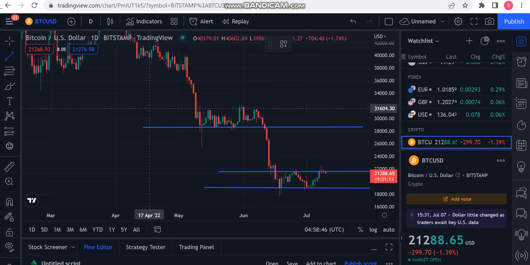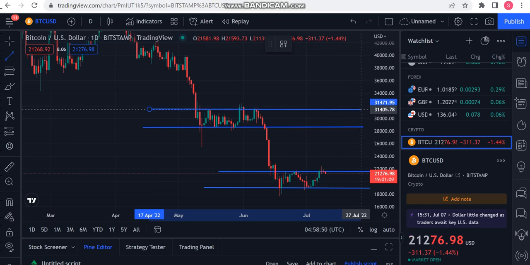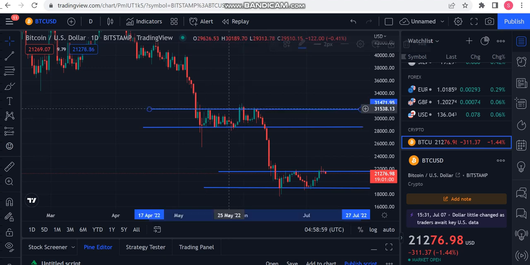The resistance line over here would be this level right here, because as you can see, the price goes up, touches this area, comes right back down, touches this area again, or you know what, let me try to move this a little up, right around here.